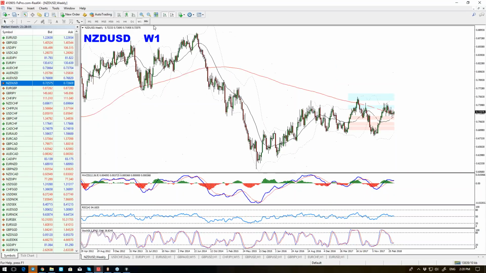Kiwi dollar. As long as we are inside the weekly range, we are in a bearish pressure. Okay, we got this triple. It turns to be the range.